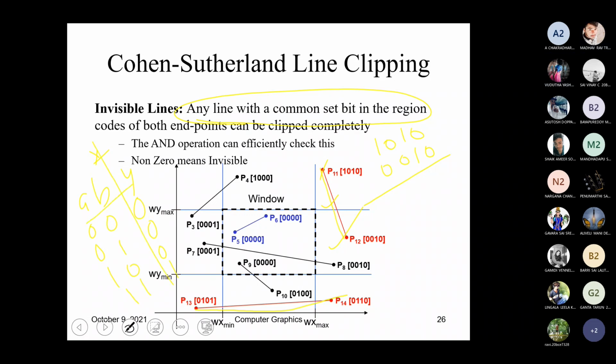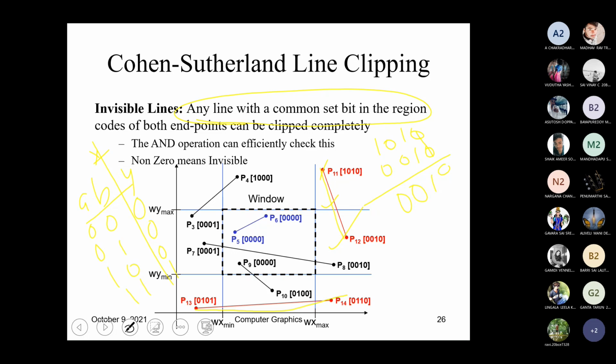Here, 0 0 gives 0, 1 1 gives 1, 0 0 gives 0, 1 0 gives 0. So what you are getting is a non-zero result.